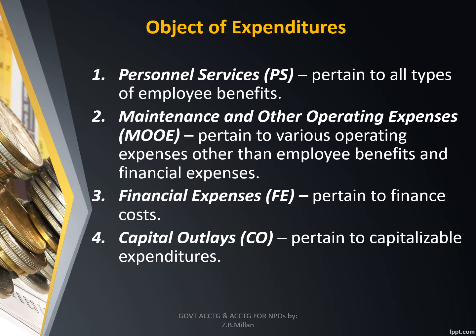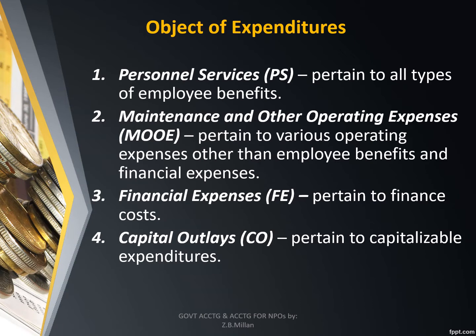So this pertain to all types of employee benefits. So expenditures pertaining to employee benefits such as salaries, bonuses, allowances, cash gifts, and etc. So basta expenditures related sa pagbayad ng services ng personnel, so this will fall under personal services.